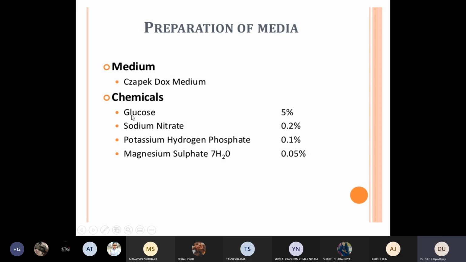So glucose is the carbon source, and sodium nitrate at 0.2% is the nitrogen source. Phosphate is required for any growth, for rapid growth, while glucose and nitrate are for production. And magnesium as a salt is needed for enzymes and for fungal DNA replication. That is why this is a very balanced medium.